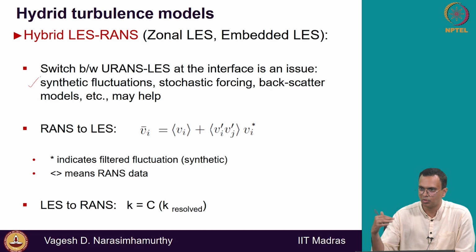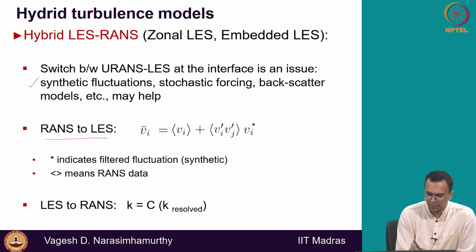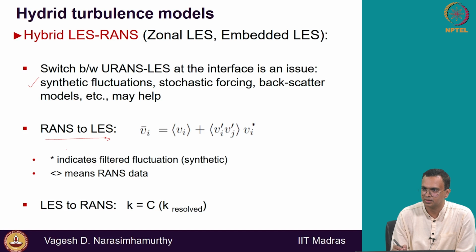So, like a boundary condition, it must interact, and the way you can do this is from going from RANS to LES. Let's say from near wall to outer layer. RANS, you know, computes only the mean velocity, right, but the neighboring LES demands a filtered random component. So you have to introduce the filtering there. A filtered component or randomness must be introduced.